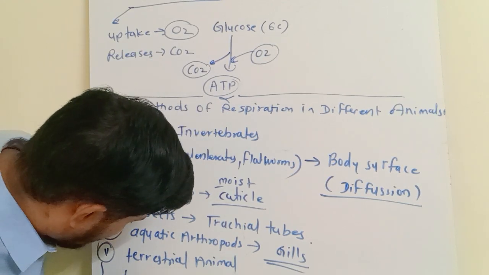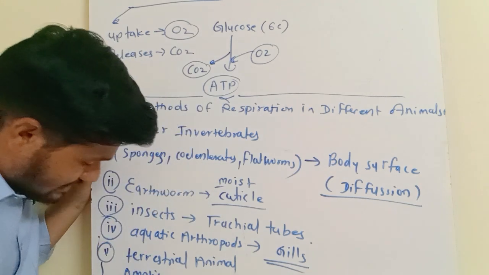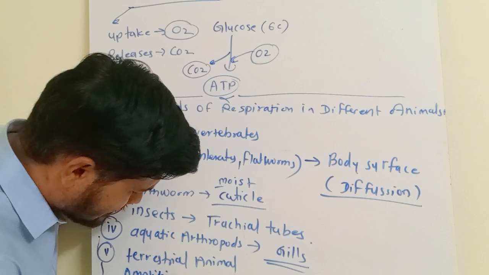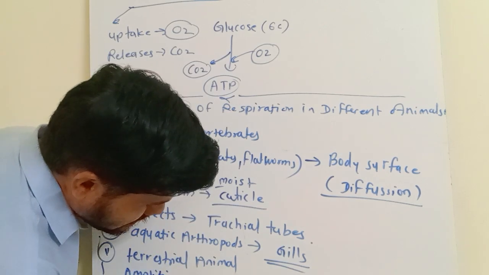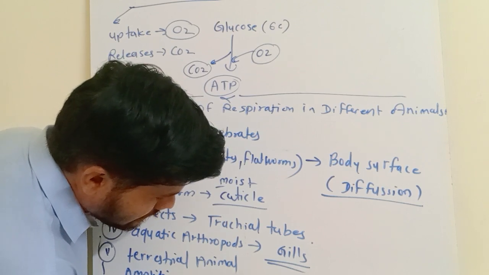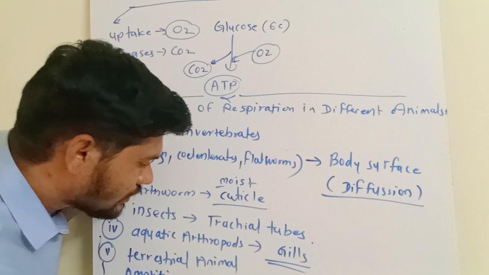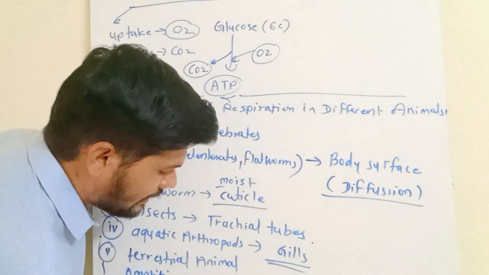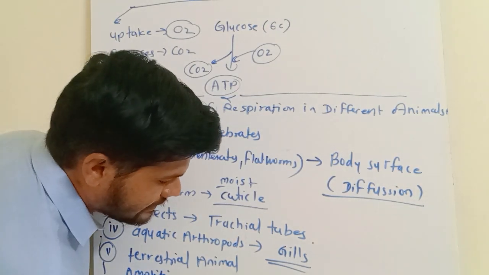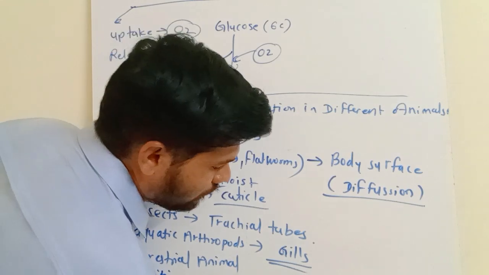Then in terrestrial animals, from amphibians, amphibians are not truly terrestrial, but in NCERT it is written amphibians to mammals. Mammals and birds, and reptiles also, perform pulmonary respiration with the help of lungs.